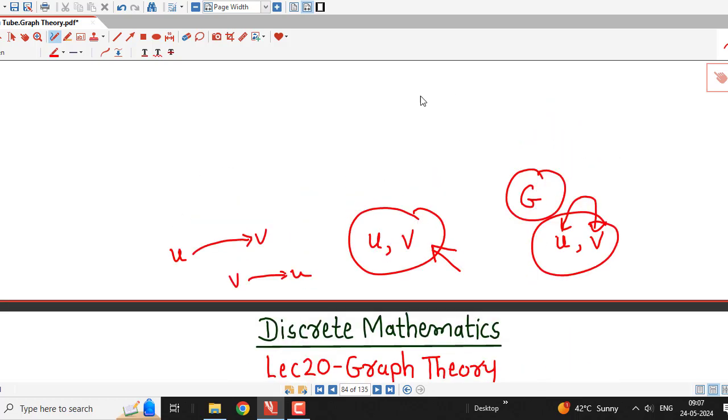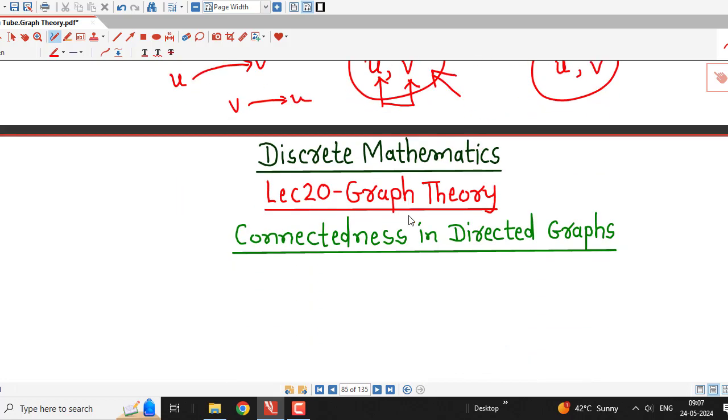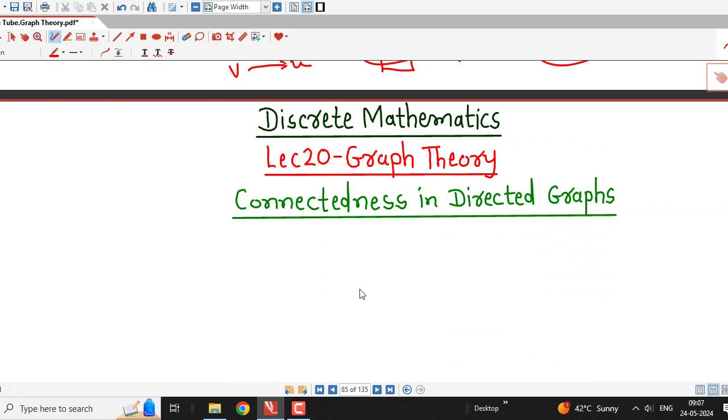In undirected graph, we have only one definition, that is connected graph, and we say that graph G is connected if we take any two vertices from that graph, then there is a path between those two vertices, or those two vertices are reachable from each other. But for directed graph, we are going to discuss three definitions.